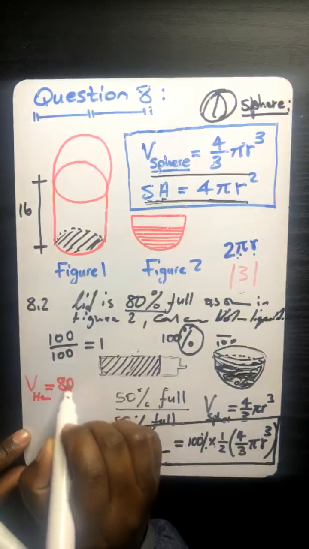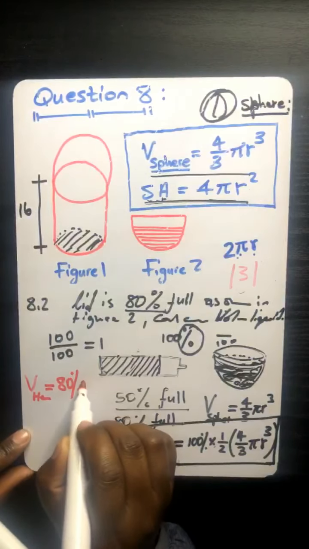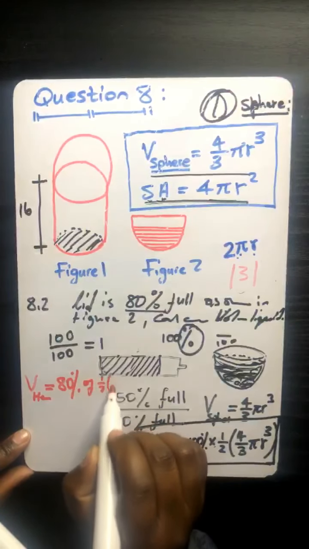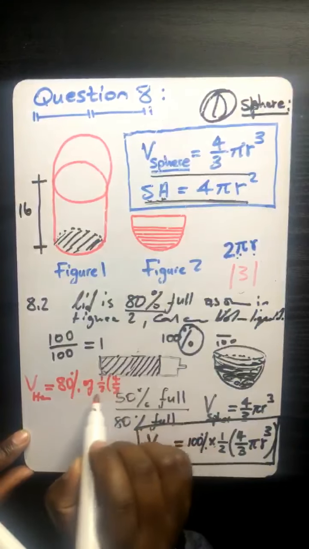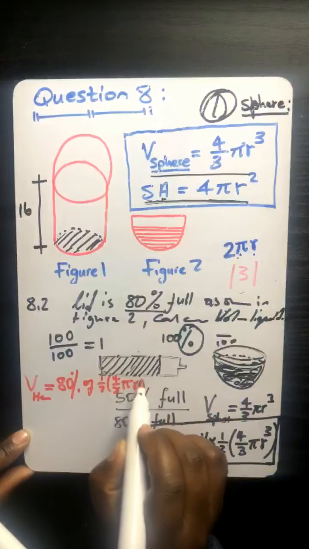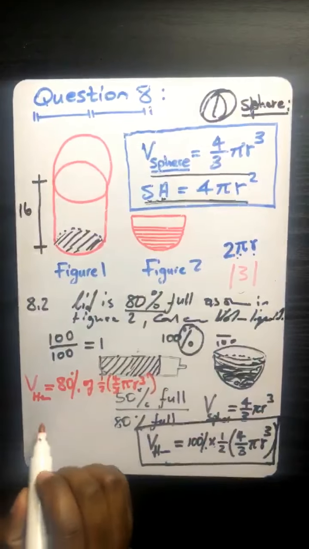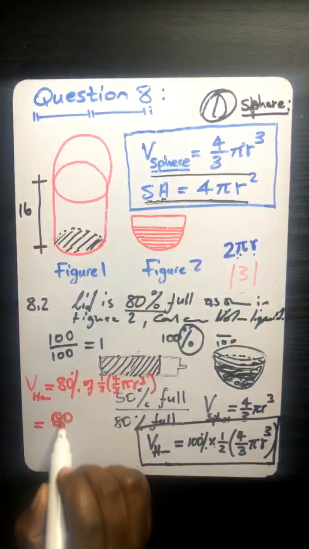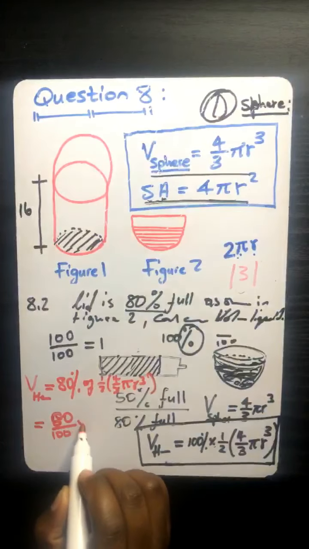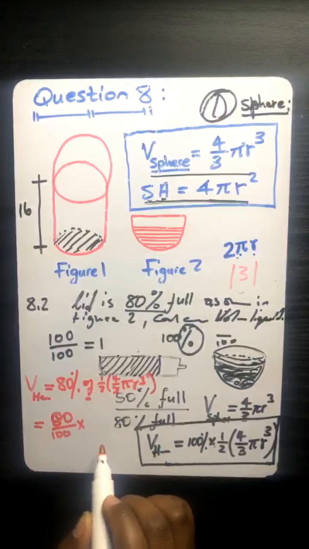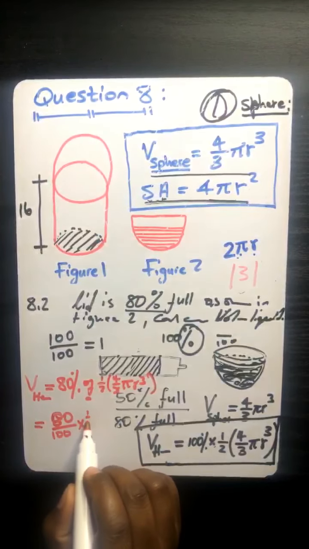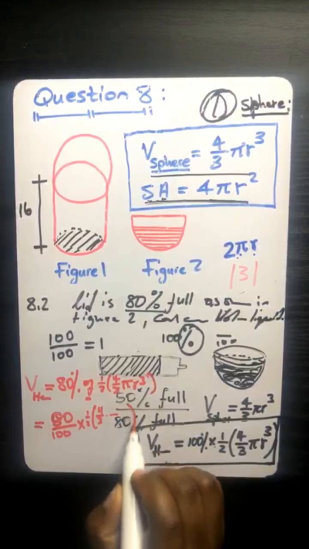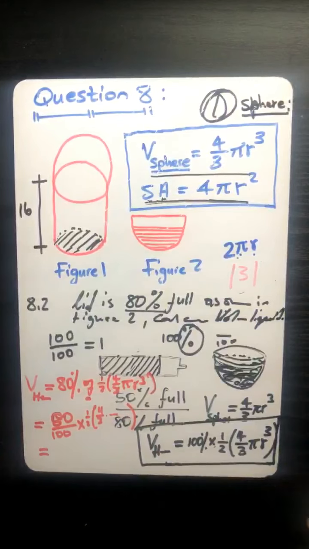So he's basically saying 80% of the whole of that formula, being half, 4 over 3 pi r cubed. Which means it's actually 80 out of 100. Remember, of means multiplication. 1 over 2 into 4 over 3, the rest of the formula. Are you guys happy there?